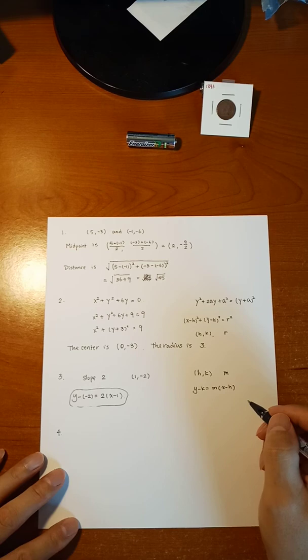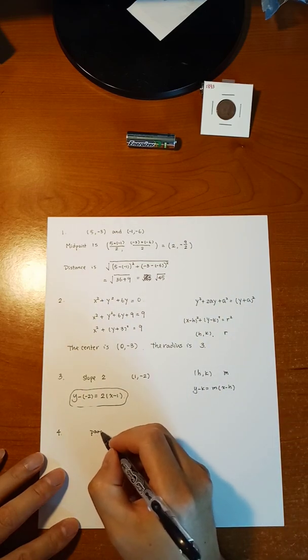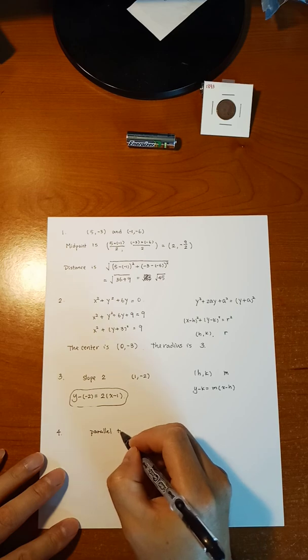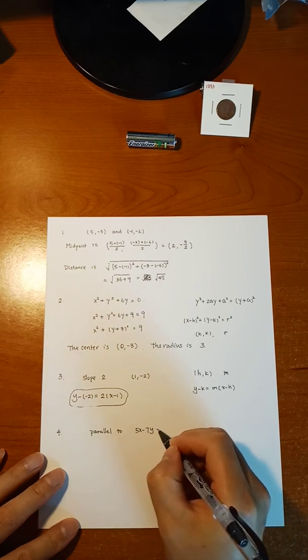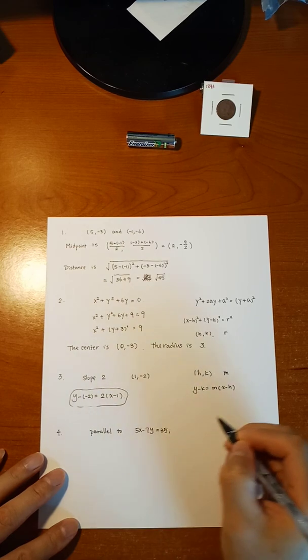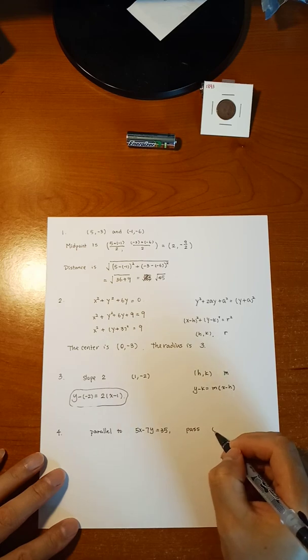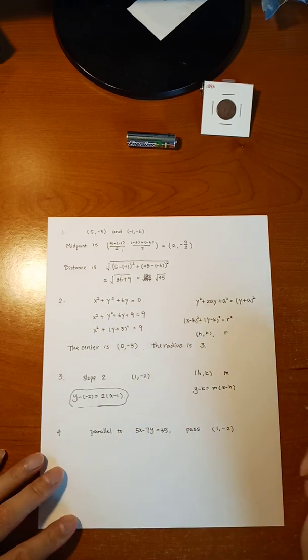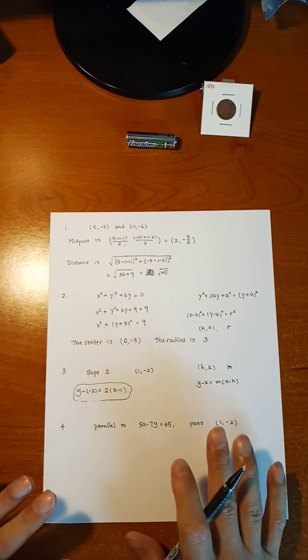Write the equation of the line parallel to the line 5x minus 7y is equal to 35 and passing through 1, -2. Okay, I'm going to give you two ways to do it.